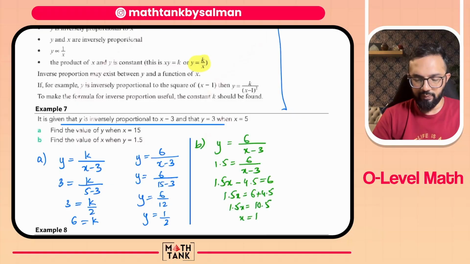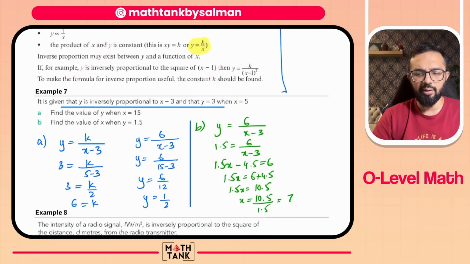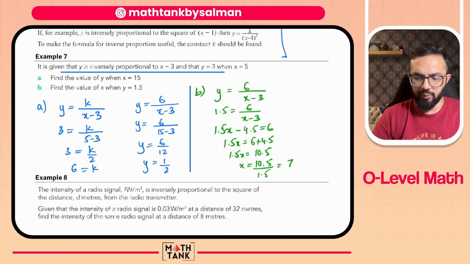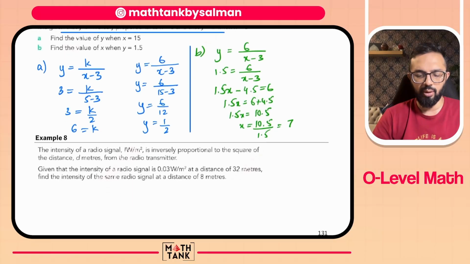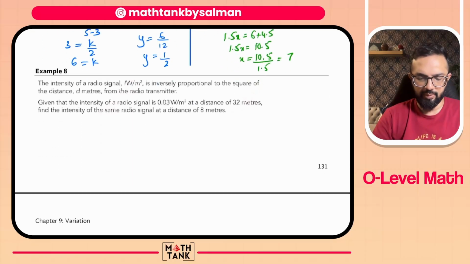What's 10.5 divided by 1.5? I remember this because I am good with tables. That's 7. If you don't, use a calculator. If you are still unsure, you will have to do some manual division and so on, if this is a no calculator question, okay?